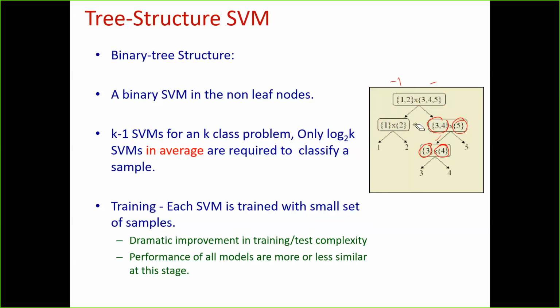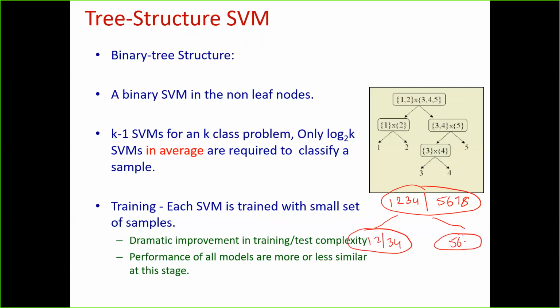So to understand it better, let us take 8 classes, right? So you can initially have a classifier between 1, 2, 3, 4 versus 5, 6, 7, 8. And here, after this, you can have a classifier between 1, 2 versus 3, 4. This side, you can have a classifier between 5, 6 versus 7, 8. And this side, you can have a classifier between 1 versus 2 and 3 versus 4.